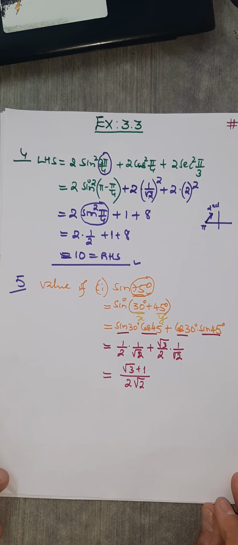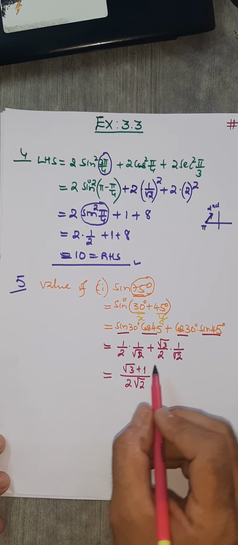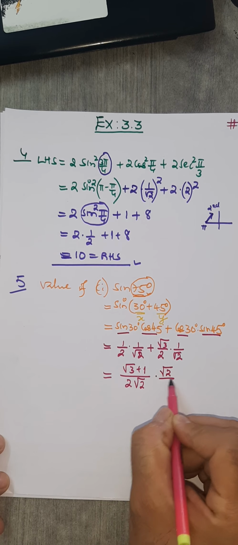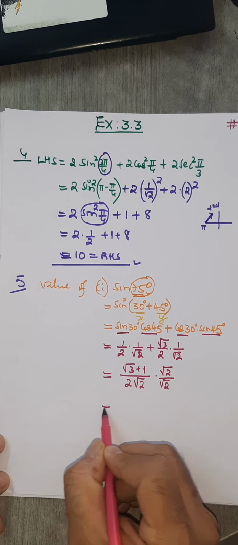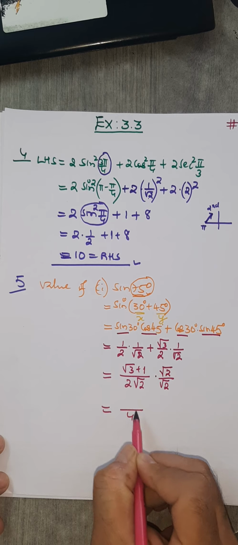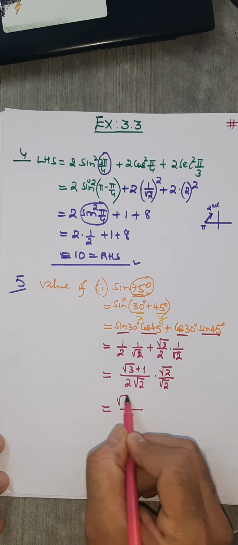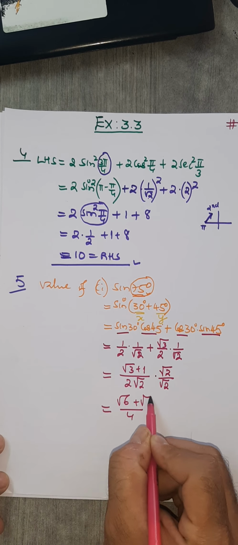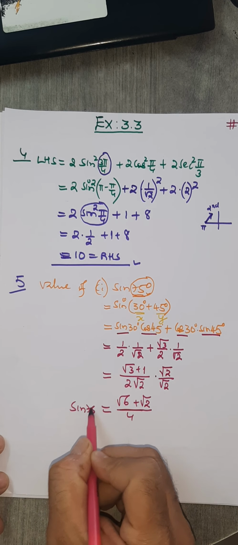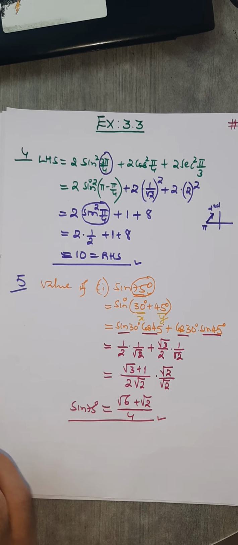Now you can rationalize this, at least by multiplying and dividing by root 2. Irrational number. So here root 2 gives us 2, 2 into 2, 4. Root 3 into root 2, root 6, this is plus root 2. So this is the value of sine 75 degree.